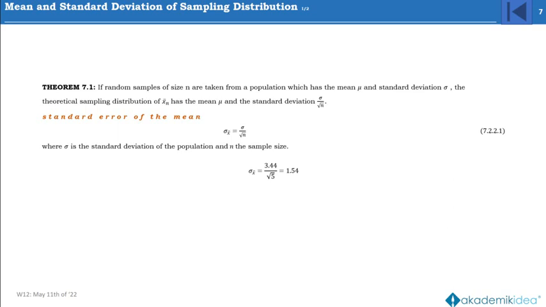To illustrate how variability of a sampling distribution decreases with increasing n, let us convert the 50 samples listed in table 7.2.3 into 25 samples of size 10 by combining samples 1 and 2, samples 3 and 4, samples 5 and 6, and so forth.